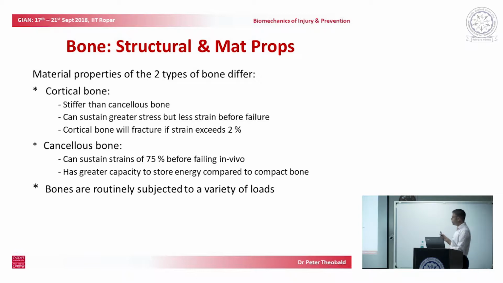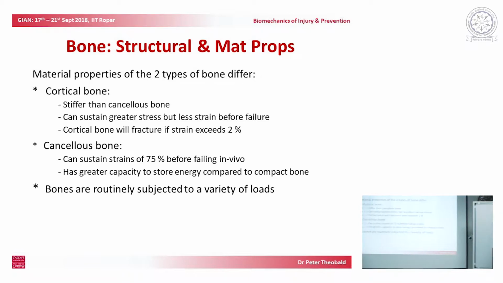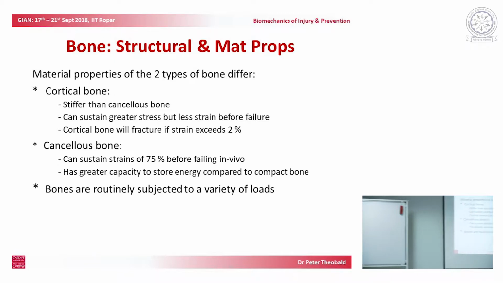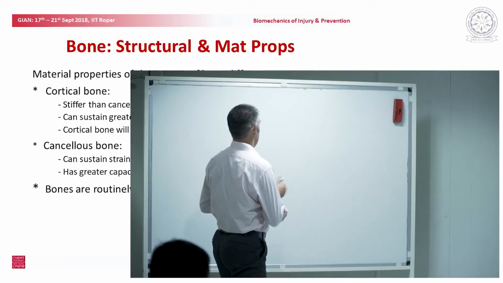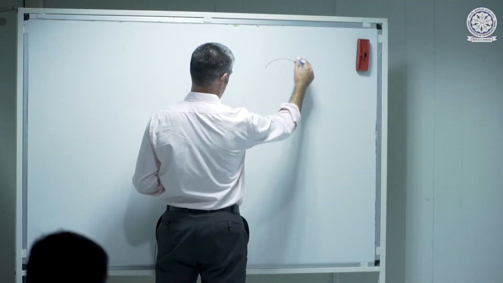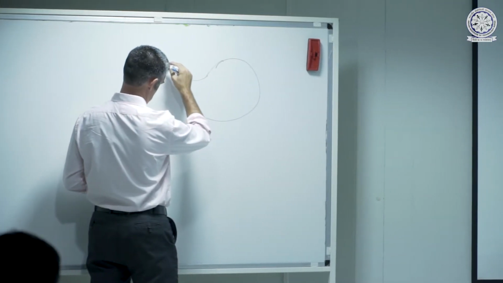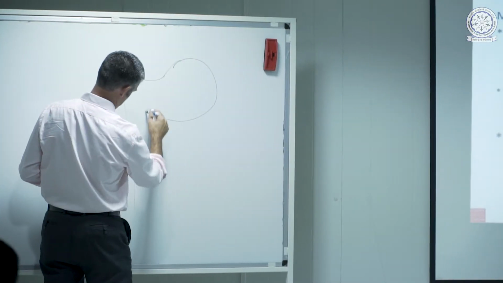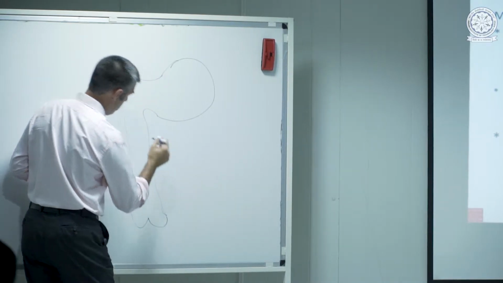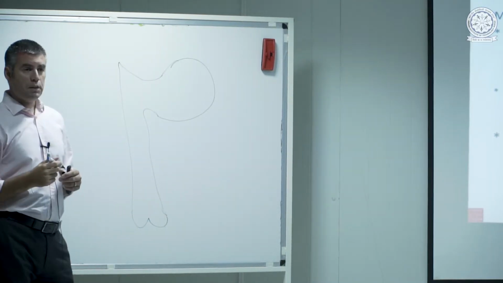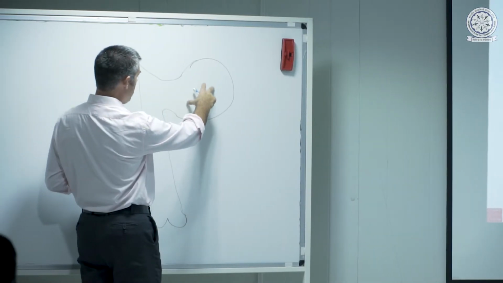So we have our cortical bone, that's the bone on the outside. And that's the relatively stiff material. So that's a rather simplified version of a femur. So we have our femoral head.